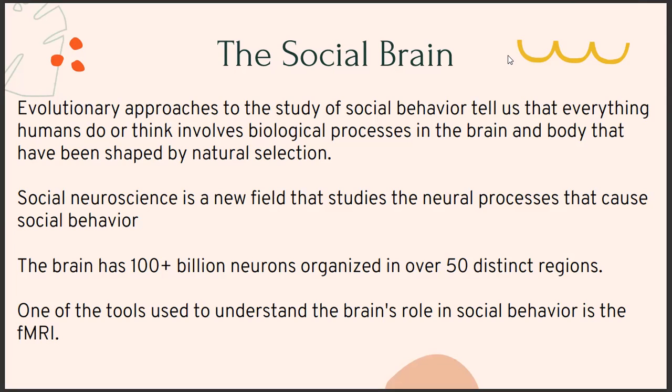But one way these scientists are trying to discover more is through the functional MRI, the fMRI, because you can see different parts of the brain light up depending on what the brain is doing.